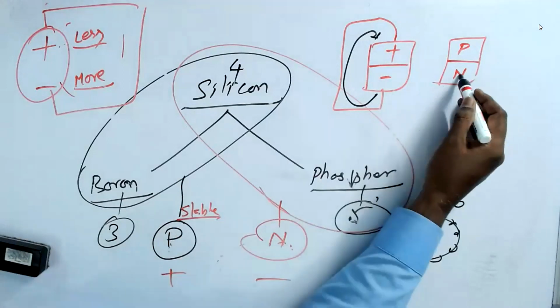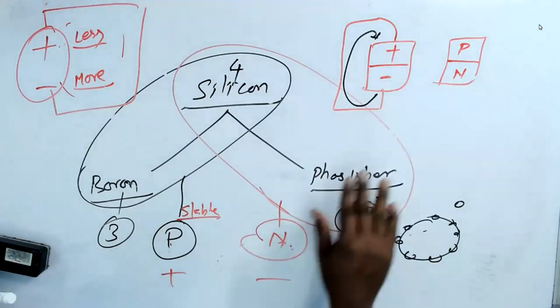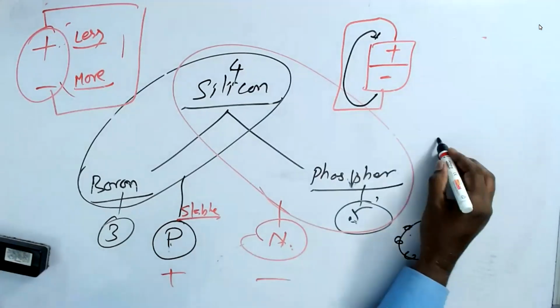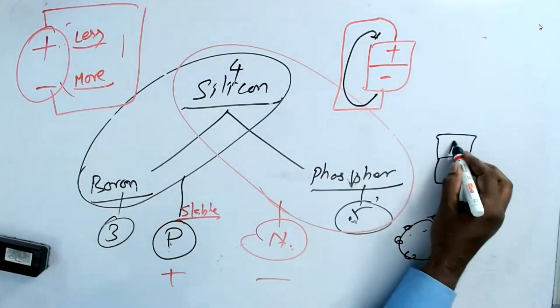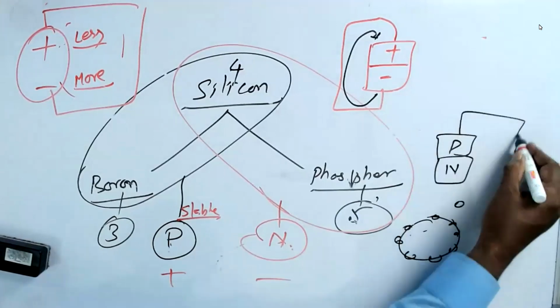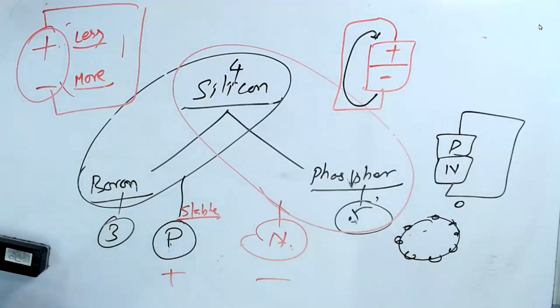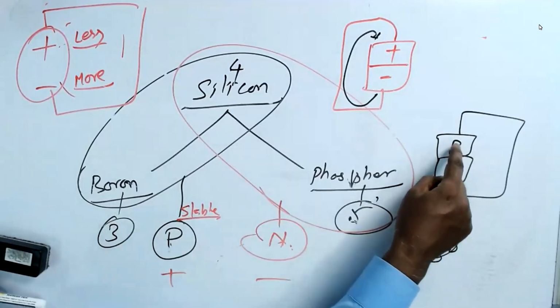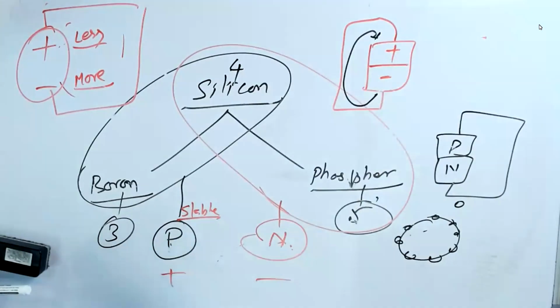Here, when I do P and N and connect them, there will not be any current because both of them are neutral, stable. Don't ever confuse P and N with positive and negative, please.